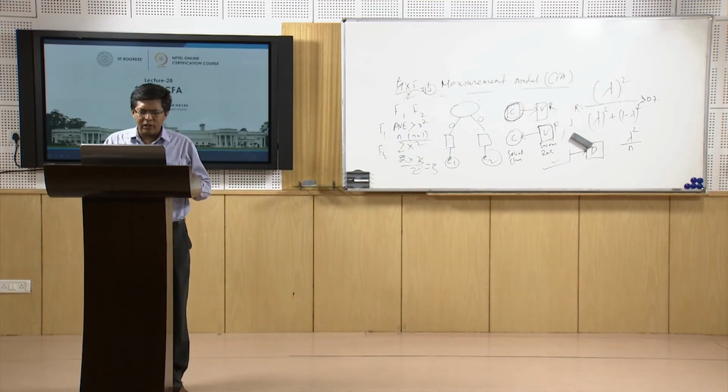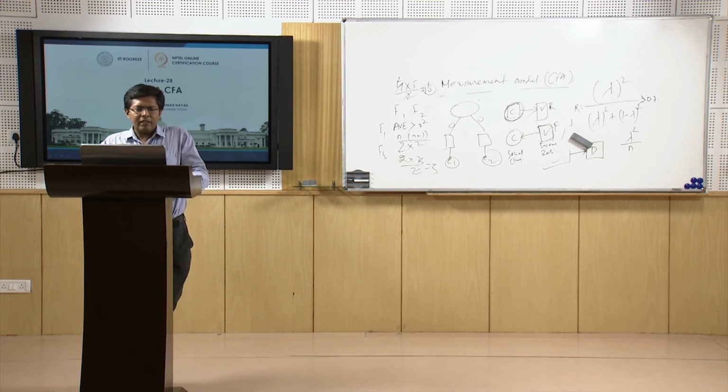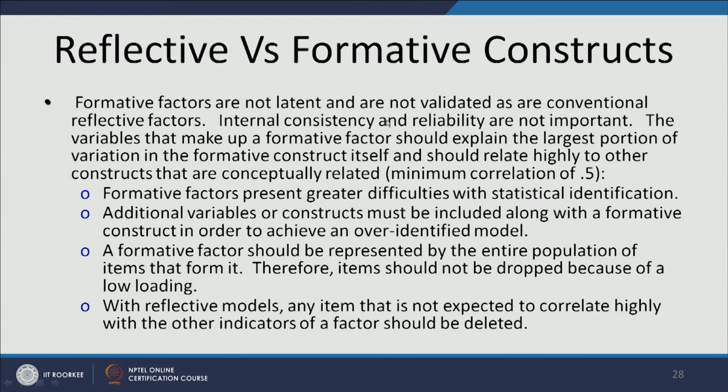We will not get too much into this, because what it is saying is formative constructs are not latent and not validated as are conventional reflective factors, okay. Internal consistency and reliability are not important in the case of formative factors, right.